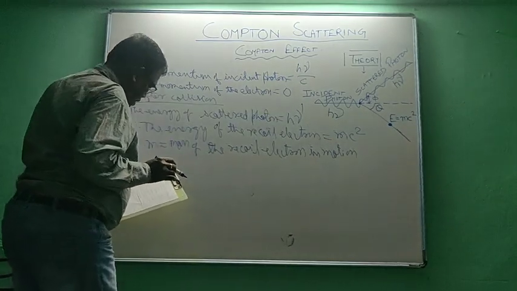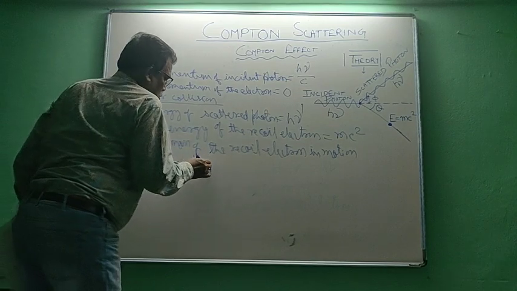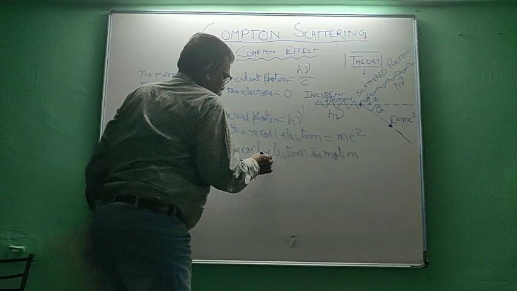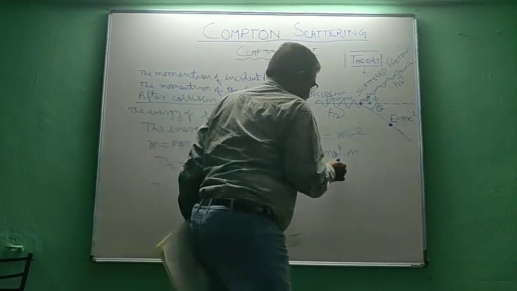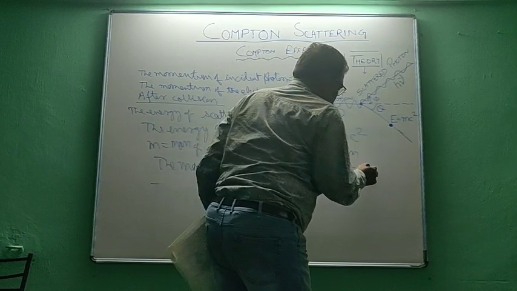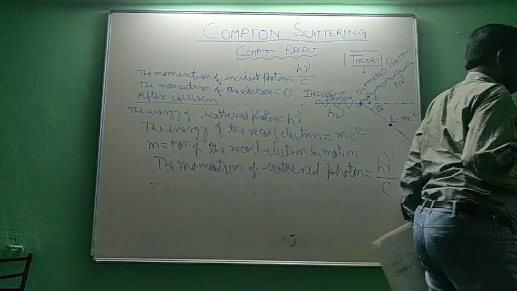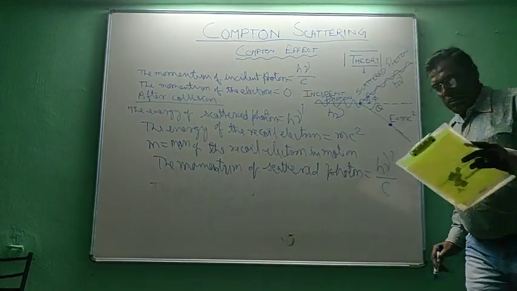The momentum of the scattered photon is equal to h nu dash upon c, where c is the velocity of light.